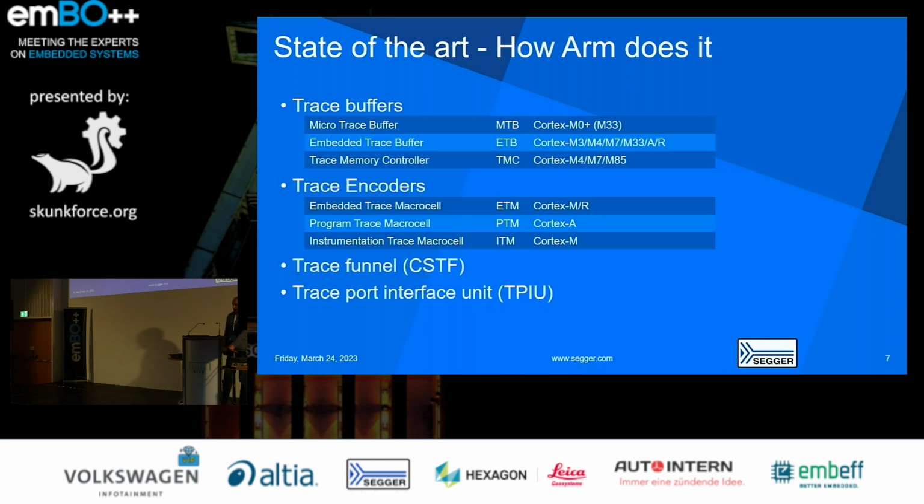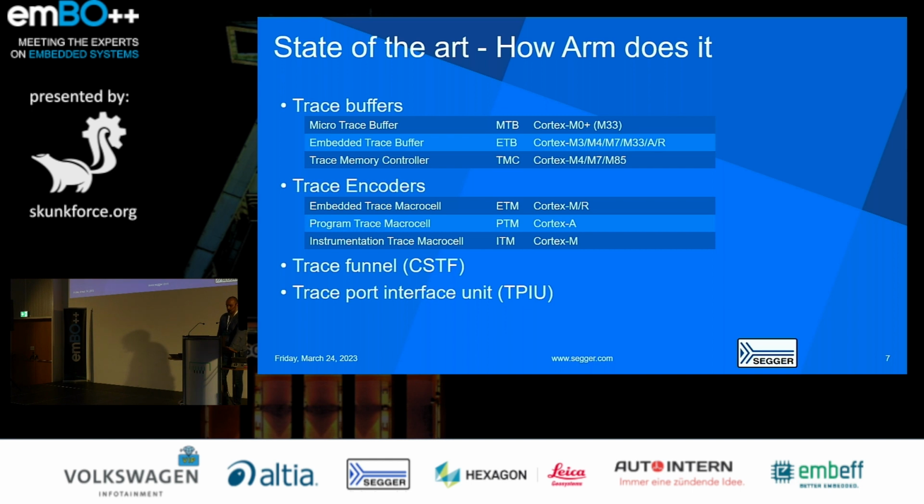So we have different kinds of trace buffers and trace encoders for ARM. On the trace buffer side, we have the micro trace buffer, the embedded trace buffer, and trace memory controller. They're available simply on different architecture levels, essentially. So they started off with the micro trace buffer and then evolved on. The trace encoders are the ones that create the trace information.